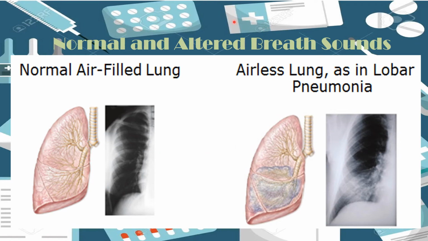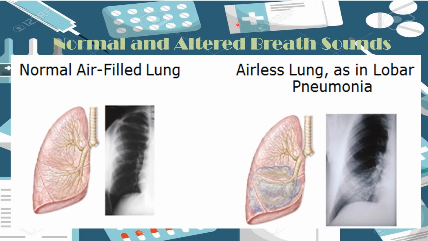On the other hand, for the airless lung, when there is pneumonia, the bronchial or bronchovesicular sounds over the involved area are greater. Spoken words here are louder and clearer, or there is bronchophony, or spoken E heard as I, or egophony, with whispered words louder or clearer.